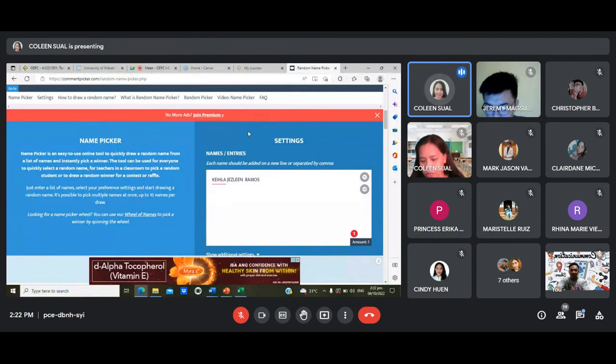Group 2: Gadiao, Presas, Katabay, and Valdez. Group 3: Hernandez, Acosta, Santos, and Huen. Group 4: De La Cruz, Bondoc, Rioveros, Magsambol, and Ramos. Group 4 has 5 members. Again, Group 1, Viernes, Bantugan, Ruiz, and Vargas. Group 2, Gadiao, Presas, Katabay, and Valdez. Group 3, Hernandez, Acosta, Santos, and Huen. Group 4, De La Cruz, Bondoc, Rioveros, Magsambol, and Ramos.